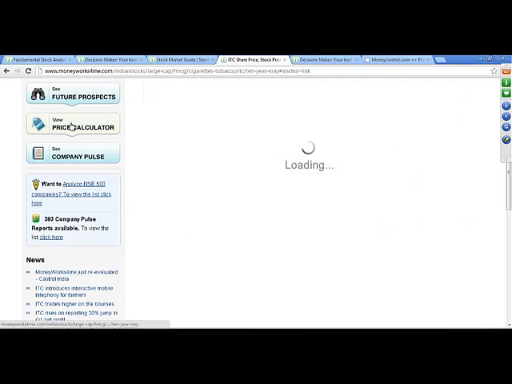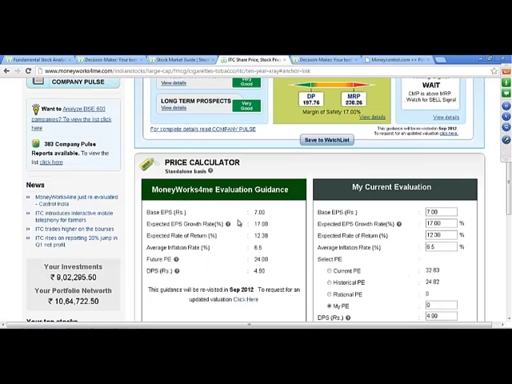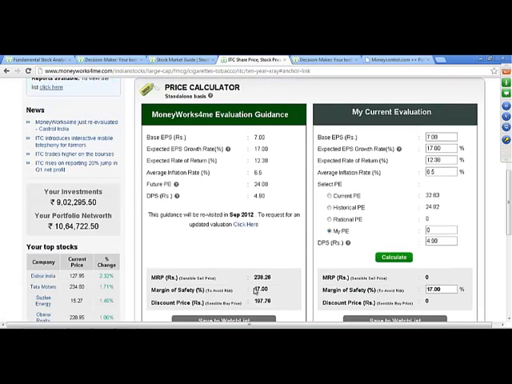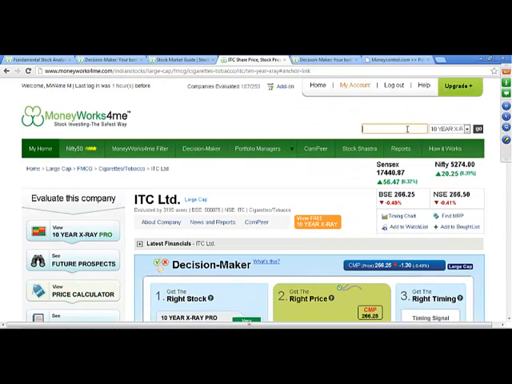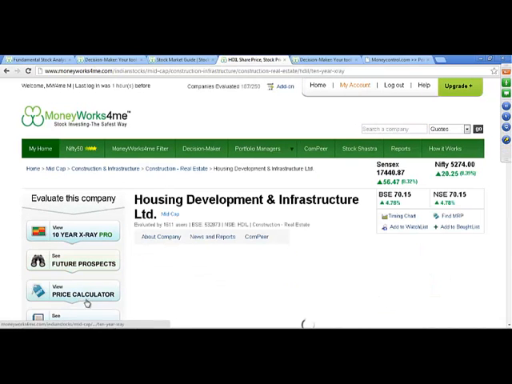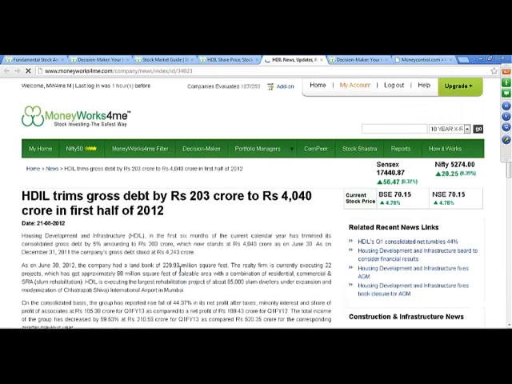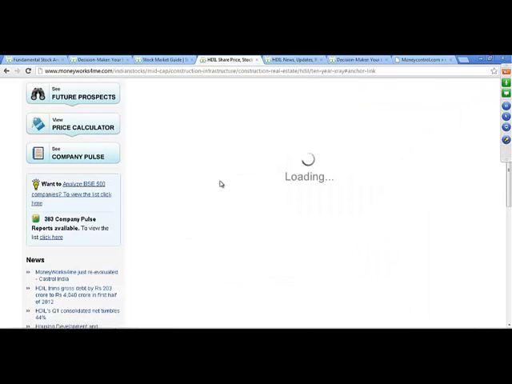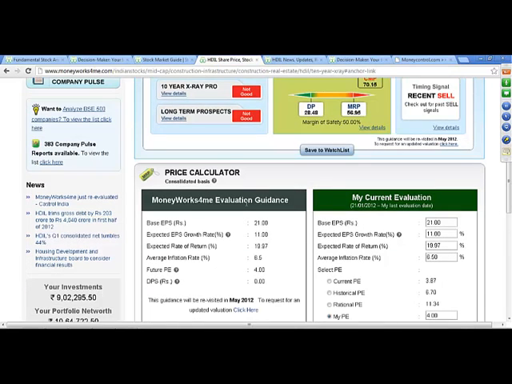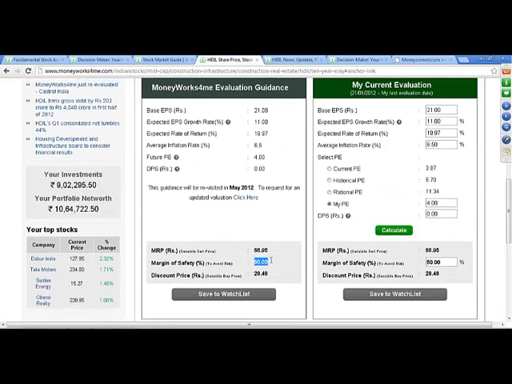For ITC, the margin of safety that we have taken is just 17%, whereas for HDIL, this margin of safety is as high as 50%.